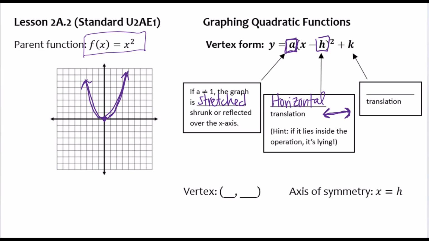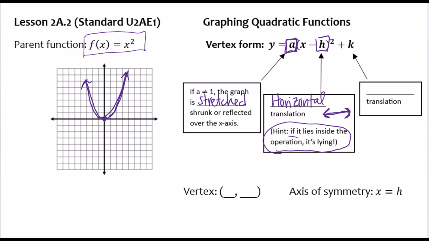All right. And I put a little hint here, because this actually applies to all function types. So if you take secondary math 3 next year, you're going to learn about other function types like square root, rational, anyway, a bunch of other types of functions.